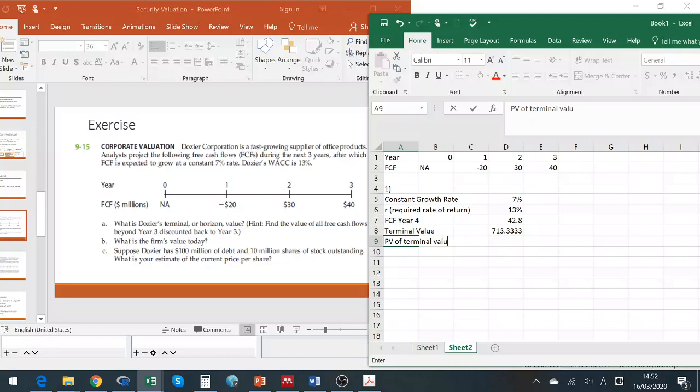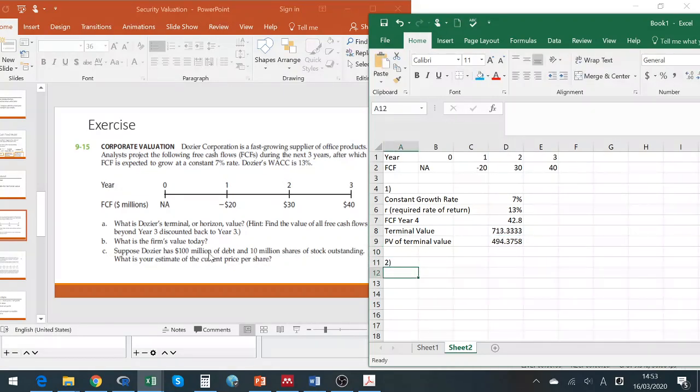This terminal value is based on year 3, but you are in year 0. So how do you calculate the present value? It's this divided by (1 plus the required rate of return) to the power of 3 years. So that is the present value of the terminal value.